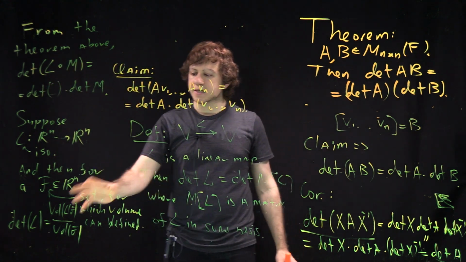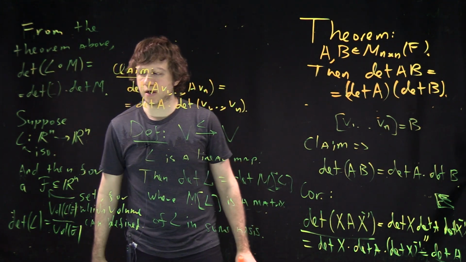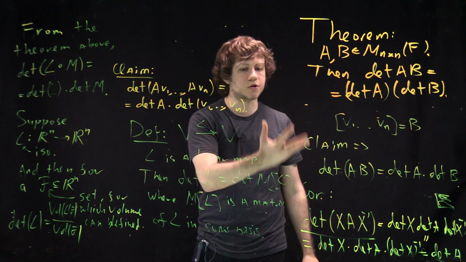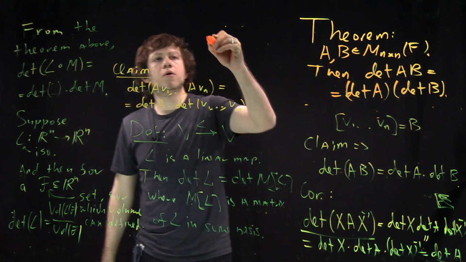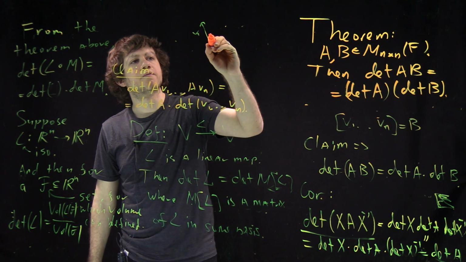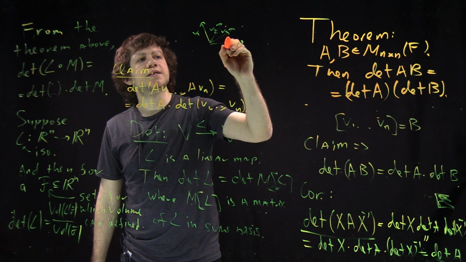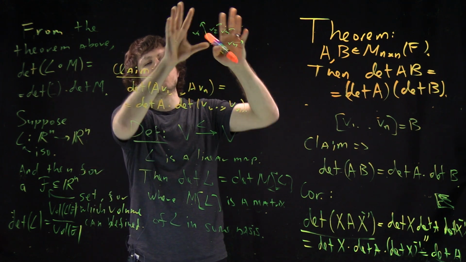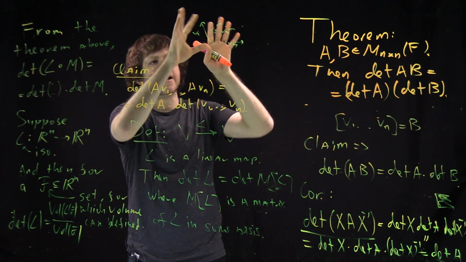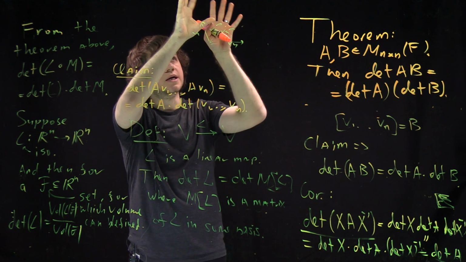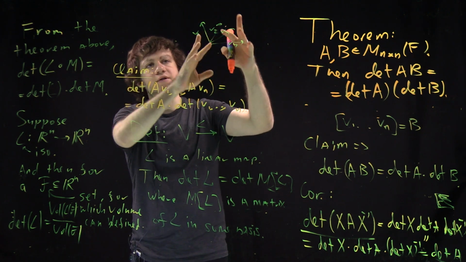So this gives an intuition behind this theorem and behind the determinant. For a collection of vectors in some space, you can think of the determinant as the volume of a higher dimensional parallelepiped, which is the span of these vectors.